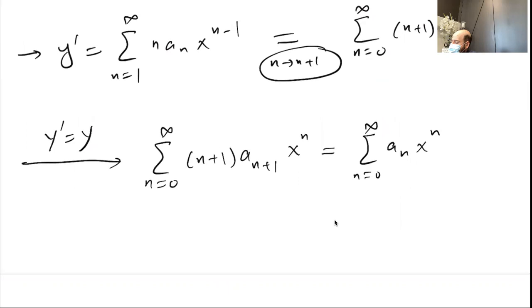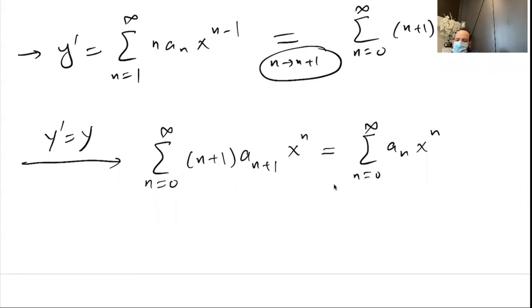So then if I compare the coefficients of x to the power n, because these two functions are supposed to be identically equal to each other for every x, that's what happens if every coefficient on the left-hand side is equal to the corresponding coefficient on the right-hand side. Now the coefficient of x to the power n on the left-hand side is this guy here.